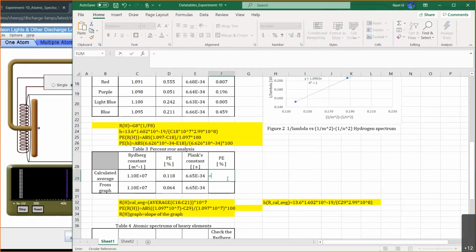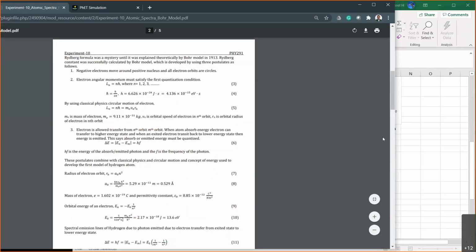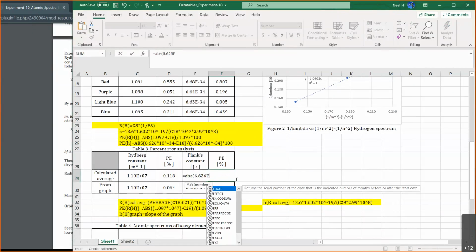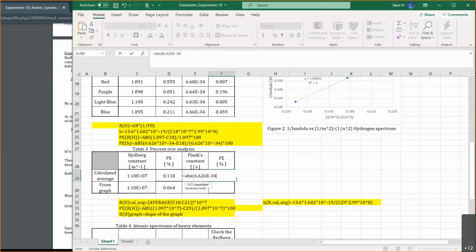And the PE for that: equal sign ABS parentheses expected value 6.626, right? Let us check that quickly. 6.626 times 10 to the power. When you're writing 10 to the power value, you can either write it the normal way, or you can actually do E plus 34, that will automatically be read as the right value. So if I write it that way, E negative 34, that will be read as 10 to the negative 34.